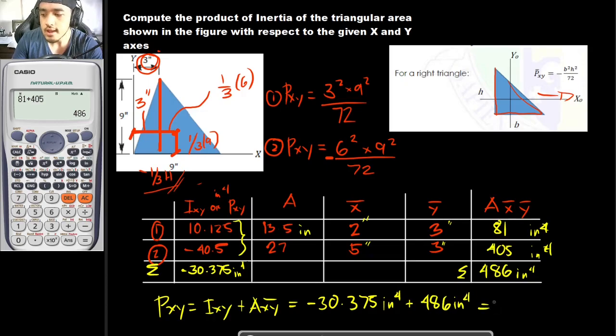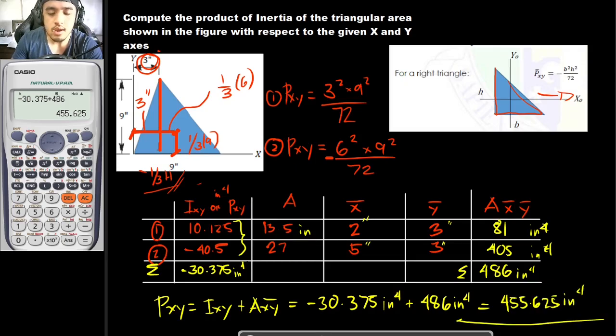Getting the answer here, negative 30.375 plus 486 is equal to 455.625 inches raised to 4. So this is our answer for this particular problem right here.